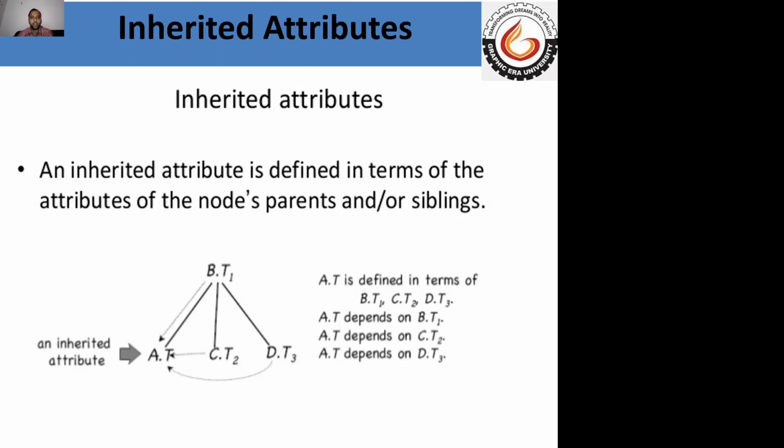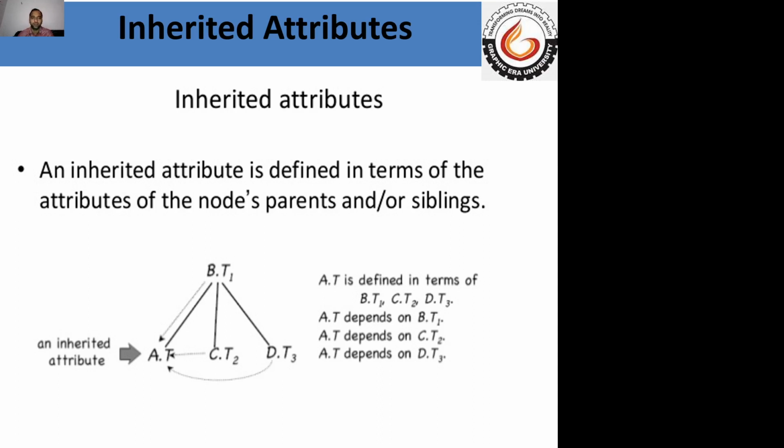Let's suppose we have B generates A, C and D. So B.t1 is its attribute, A.t is its attribute, C.t2 is its attribute, D.t3 is its attribute. Now let's suppose I want to compute the definition of A. So A.t, if A.t is computed from either C or D, those are the siblings of A, remember, or from B, which is the parent of A, then this definition is called an inherited attribute definition.